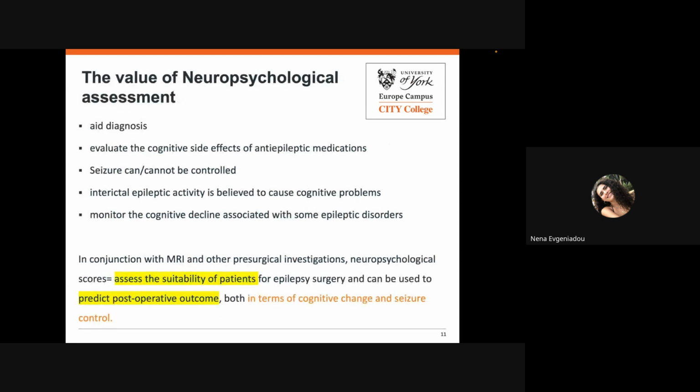Now the question is, when can we use neuropsychological assessment? When is it needed? It is quite clear by now that, for example, cognition can already be impaired at epilepsy onset and before treatment. So this calls for a baseline evaluation at onset or when diagnosed.